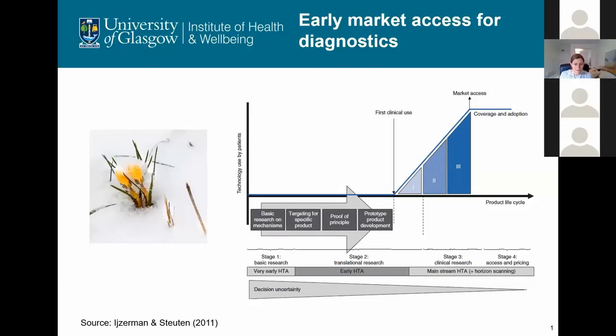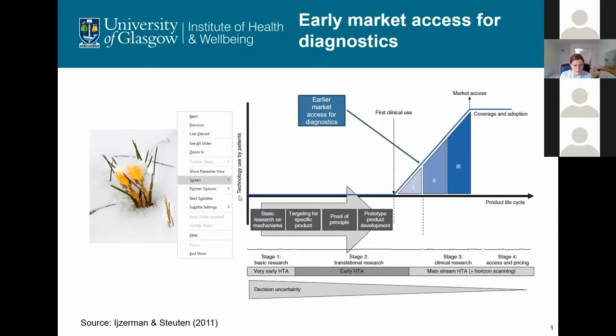So this is a schematic that I've used a lot in my PhD and drawn on it a lot. I find it really useful just to pull together how the product technology, health technology development, we've got here basic research coming through to prototype product development, how that fits in with the usefulness of early HTA and feeding in then to later HTA.